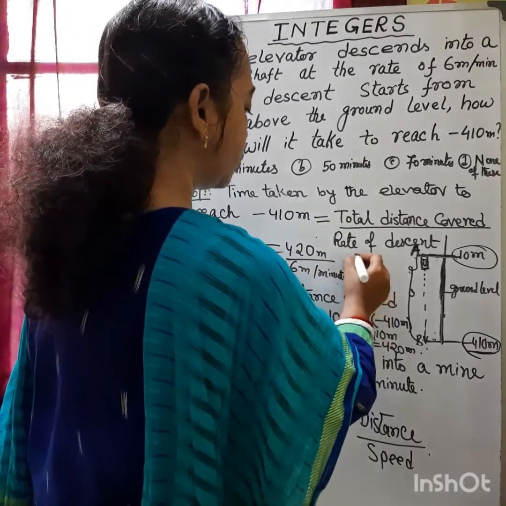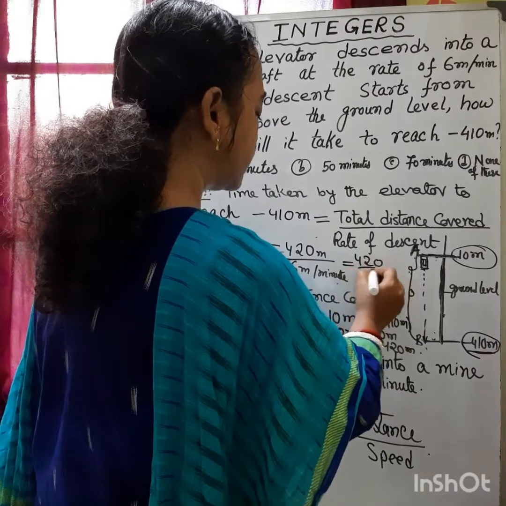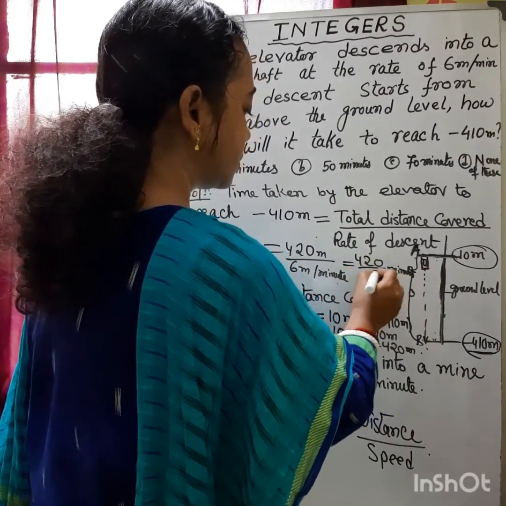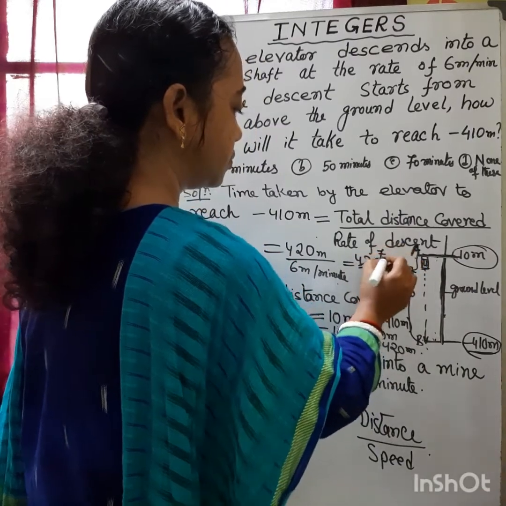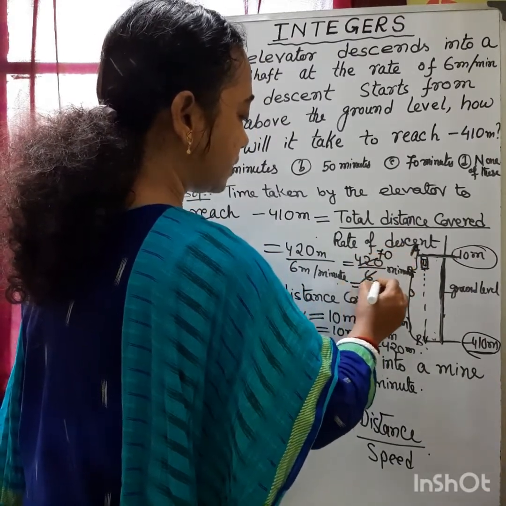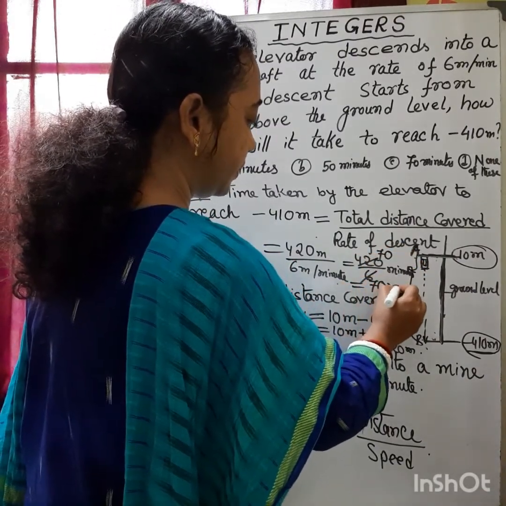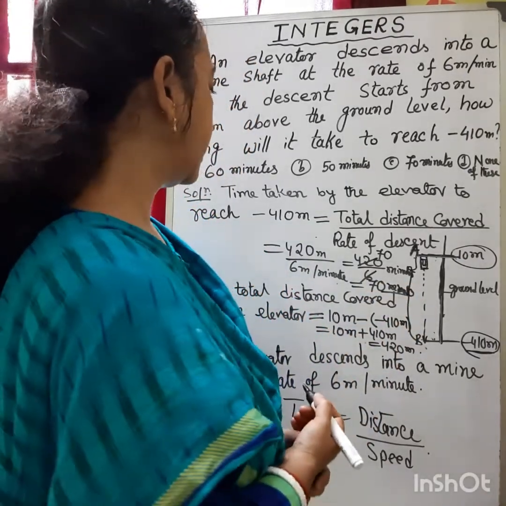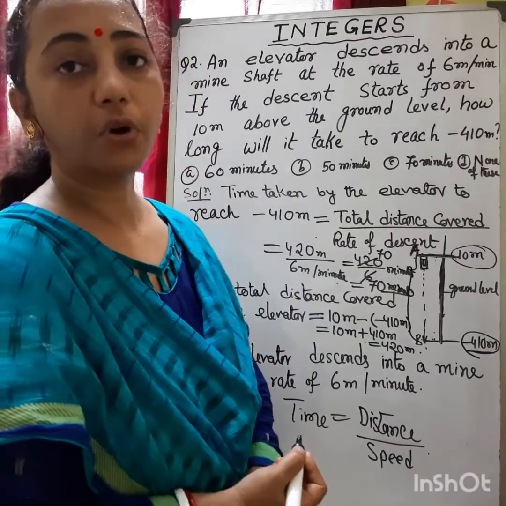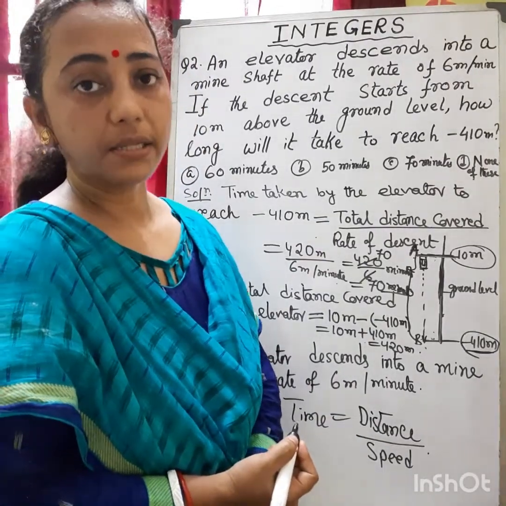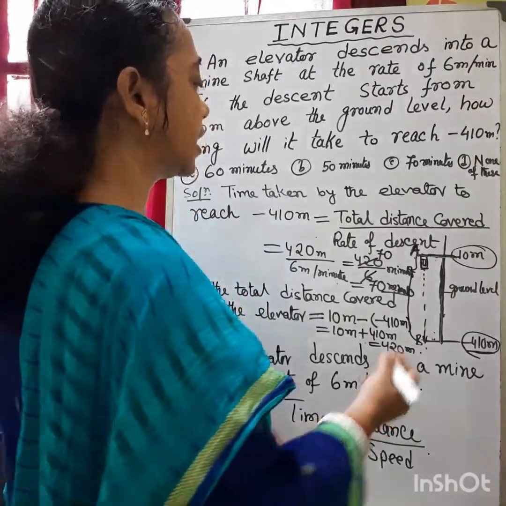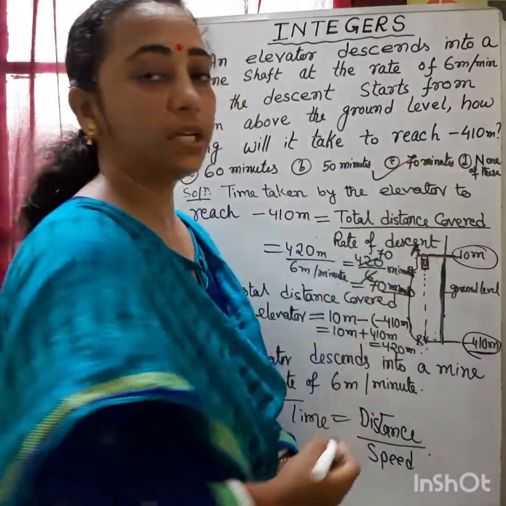So that means 420 by 6 minute. We know 6 sevens are 42, so 70 will come. So here it is coming 70 minutes. That means the time taken by the elevator to reach minus 410 meter is 70 minutes. So the correct answer will be 70 minutes.